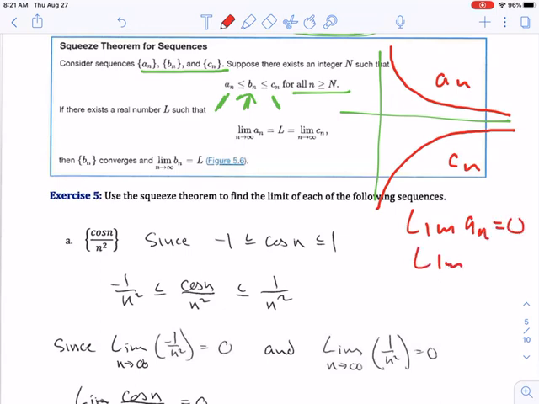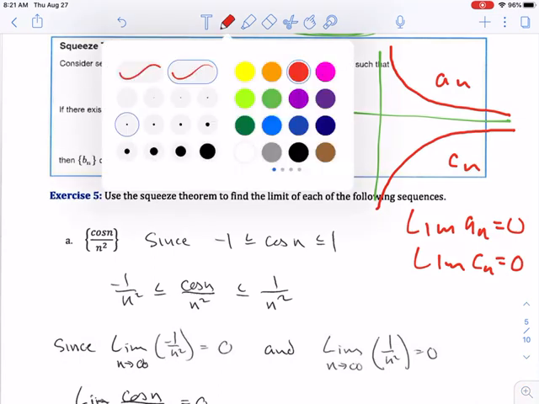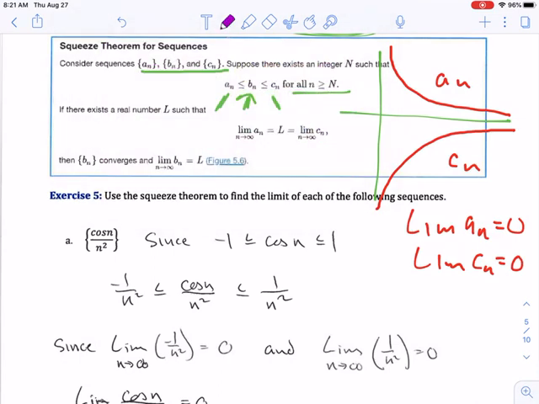The limit of c sub n is 0. Now let's suppose that what it's saying is that b sub n is between those two for all values of n, for every term of the sequence. That means whatever b sub n is doing, it's always in between these two functions. It's never going to go outside those.